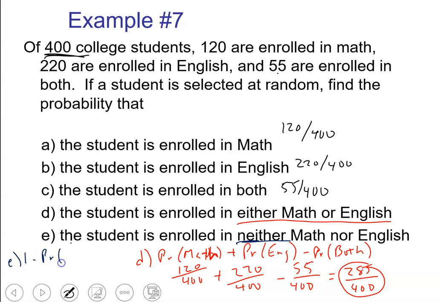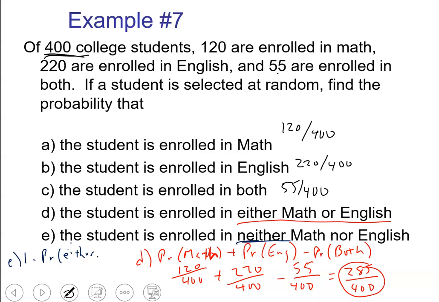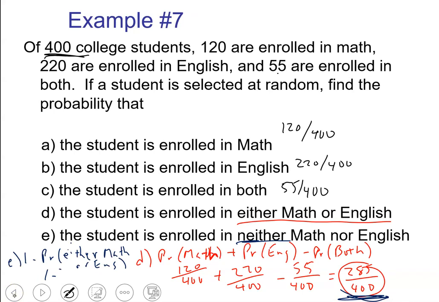So you'll see it written like this. Either math or English. So if I do the opposite of what I just did right here, so 1 minus 285 over 400.